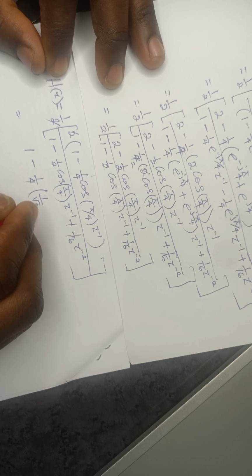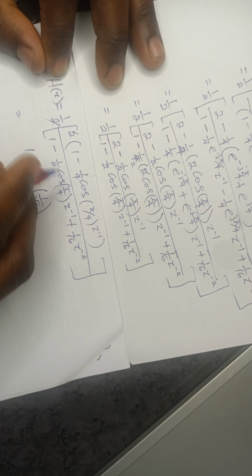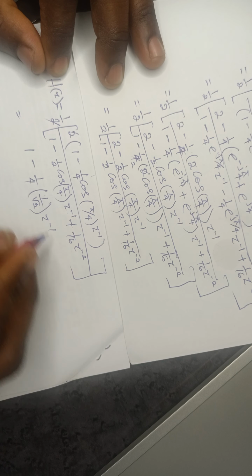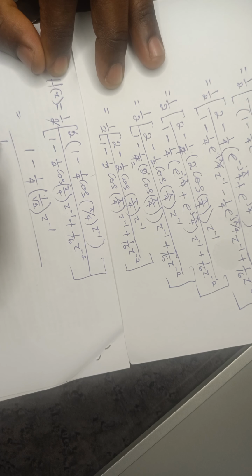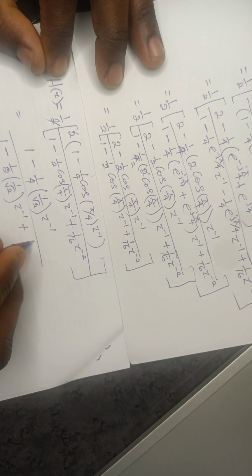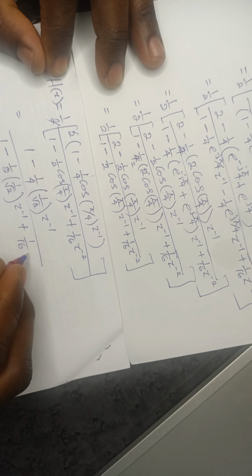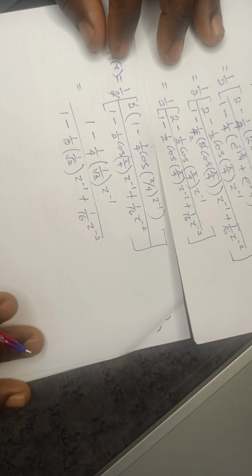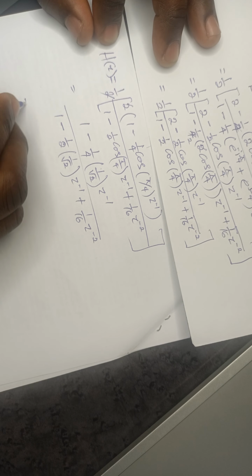So that's going to be 1 all over root 2 z to the power minus 1 all over 1 minus 1 all over 2 1 all over root 2 z to the power minus 1 plus 1 all over 16 z to the power minus 2.